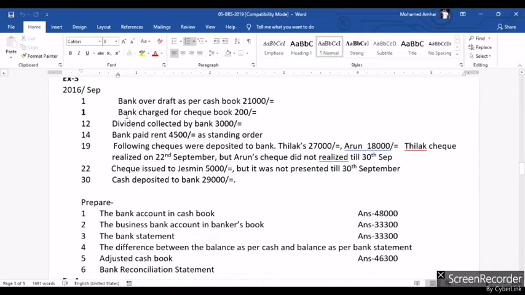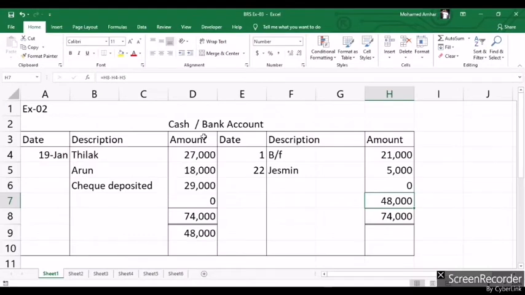2016 September, date is 1, bank overdraft as per cash book 21,000. So you have to show this in the cash book on the credit side because the balance is an overdraft, not a favorable balance.